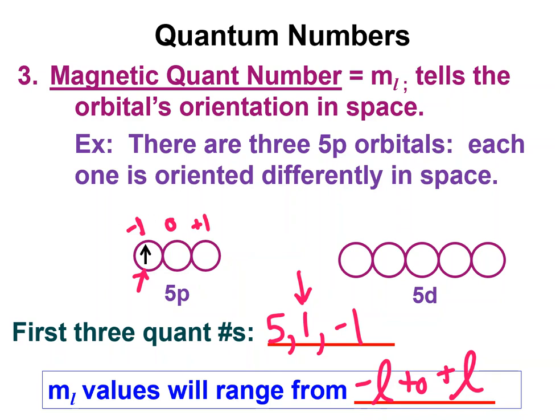Let's just look at this other example with d to see what we would have. For these quantum numbers, they're all going to start with 5 for the 5th energy level. And then if we look back on our secondary, d is 2.